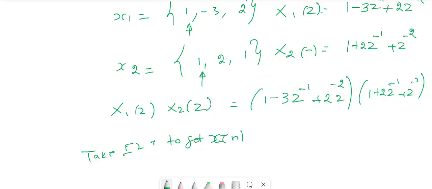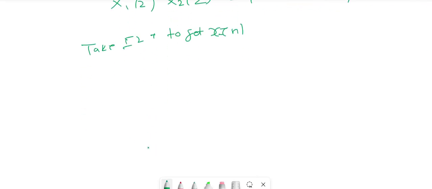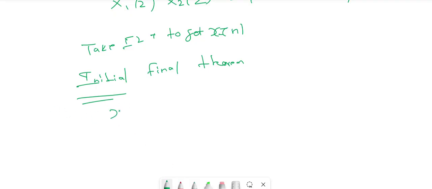One more property we will discuss is the initial value and final value theorem. The initial value x of 0 is the limit as z tends to infinity of x of z.